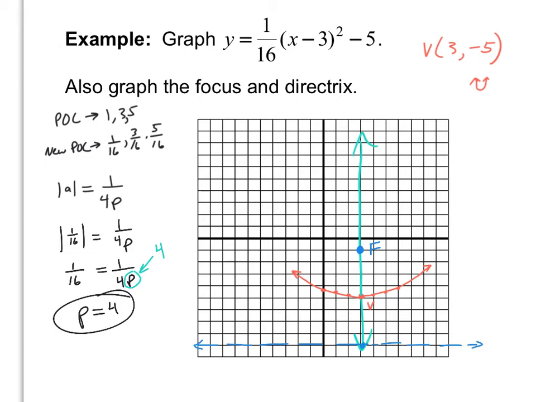The equation of this line, it's a horizontal line, so it's going to be y equals a number, and if I count down my units, I get y equals -9. If I count up to my focus, I can see that my focus is the point 3 comma -1.